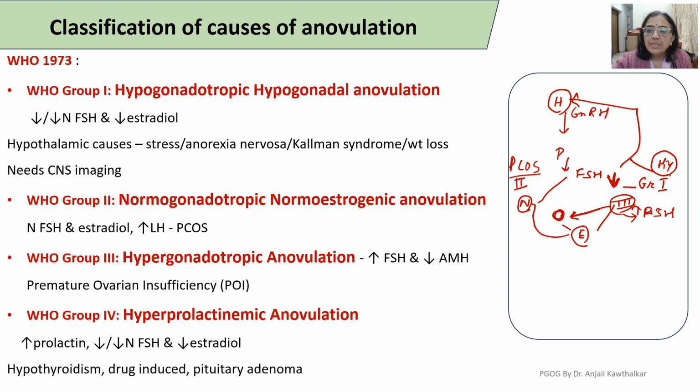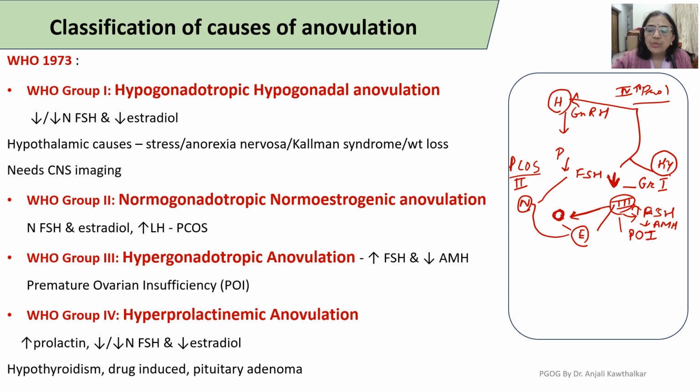Group 3 problem is at ovarian level, because the most common is premature ovarian insufficiency, where there will be raised FSH and fall in AMH. And a special category is group 4, where we have a rise in prolactin level, raised prolactin.